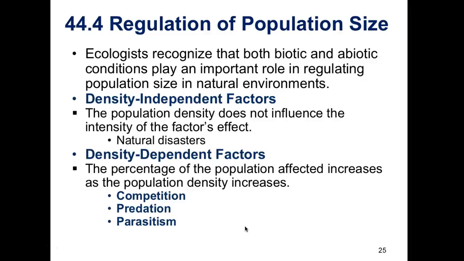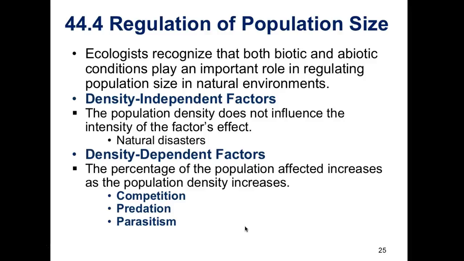Density-dependent factors, ultimately, affect a percentage of the population that increases as the population density increases. We see this with disease, competition, predation, parasitism. So the more members of the population within a given area, the greater the chance you have for the spread of disease, things that are going to affect the population, especially a disease that is communicable.